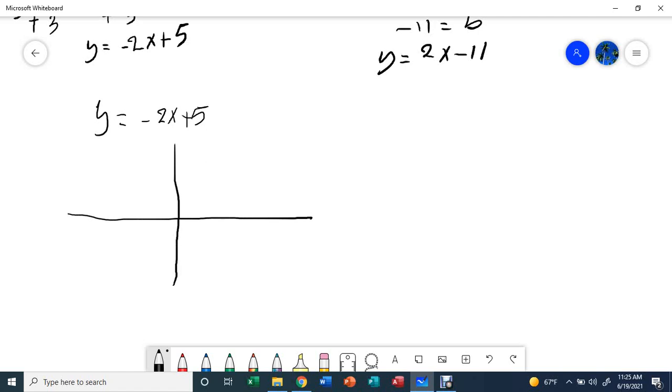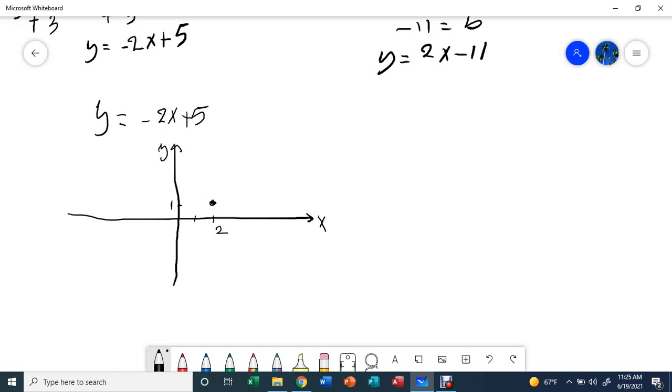So we have 2 points, (2, 1) and (1, 3). The first point, (2, 1), is right here. Again, this is the y-axis, and this is the x-axis.